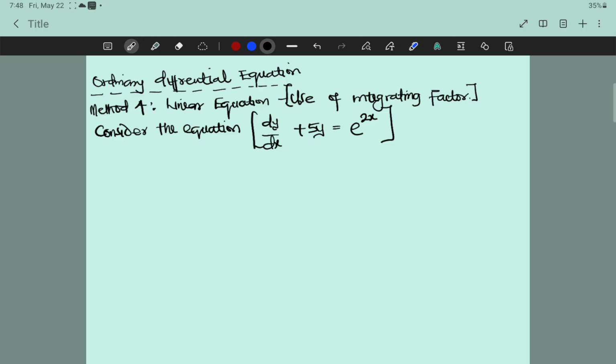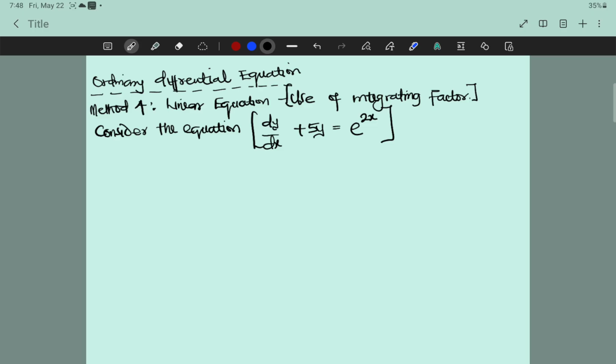This is clearly a first order equation, but different from those we have dealt with so far. In fact, none of our previous methods could be used to solve this one, so we have to find a further method. In this case, we begin by multiplying both sides by e to the power of 2x.